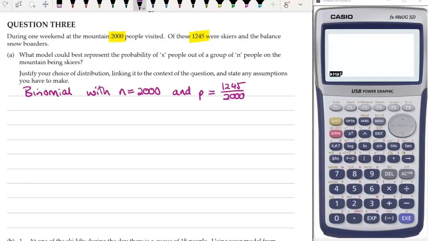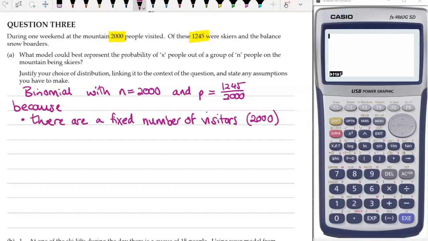We've done lots of these now. So we set up our distribution is going to be binomial, n is 2000 and p is 1245 out of 2000. And then the reasons. So we run through our FIST acronym. We have a fixed number of trials, and of course, we are putting them into context as we do them.